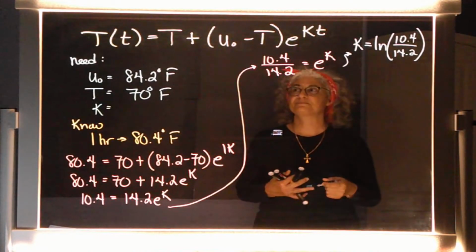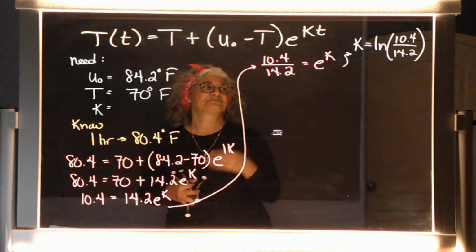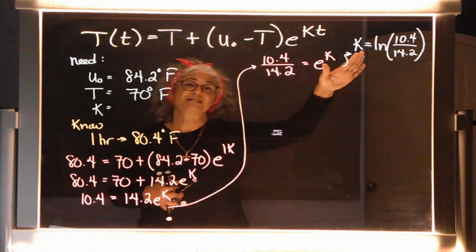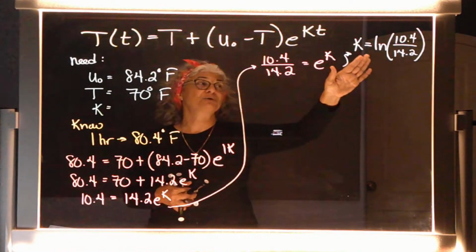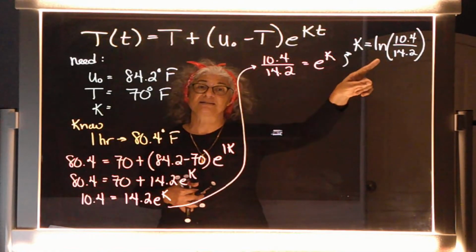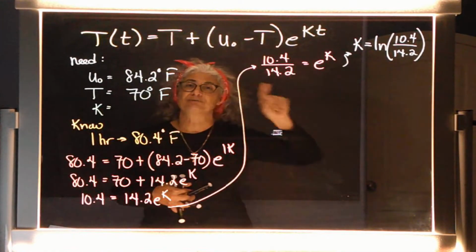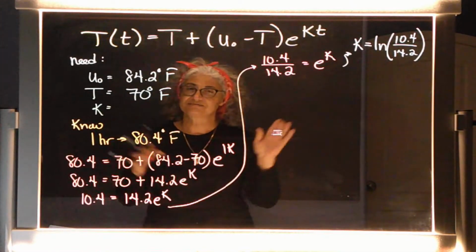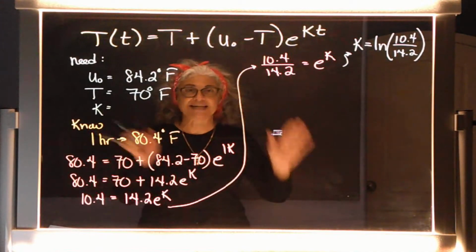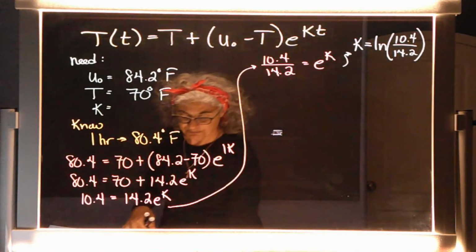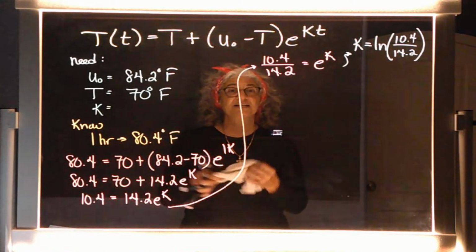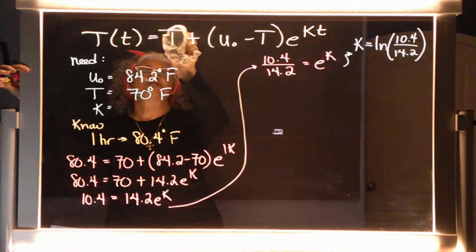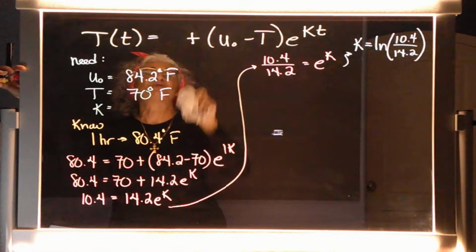Good? All right. Now, you can go ahead and punch that into the calculator to make sure it's a negative, because since we're talking about the law of cooling, my rate better be negative. But again, we can't round until the end. Sounds like a broken record, but you can't round until the end. All right. Now, I am going to fill in my pieces of the puzzle up here to write my specific formula.